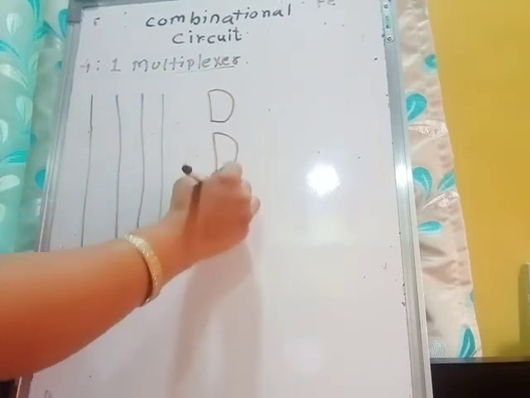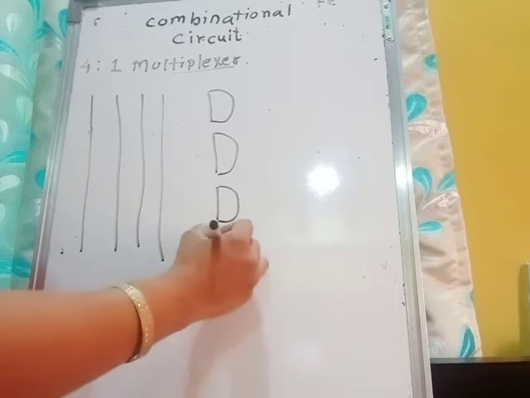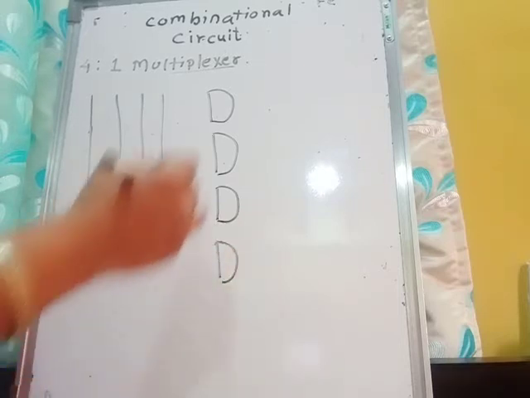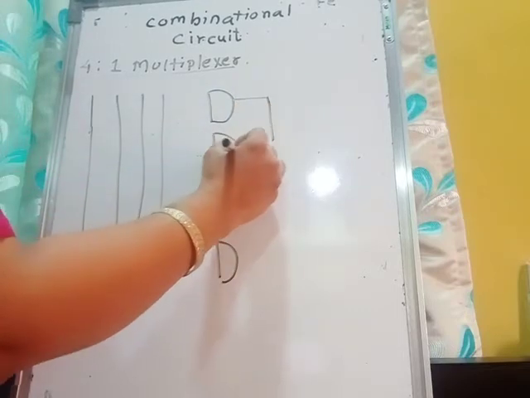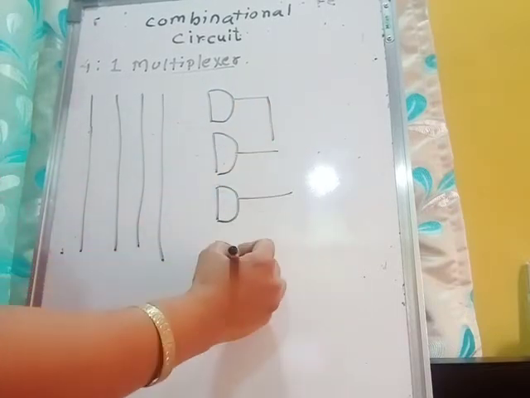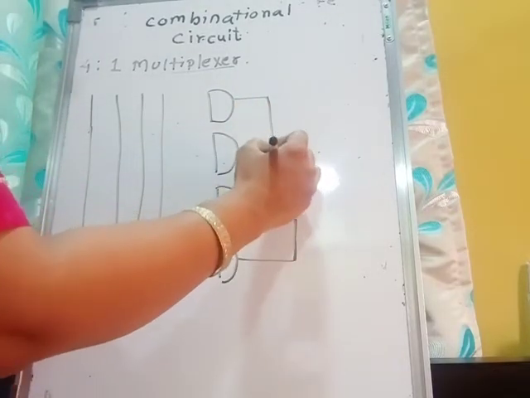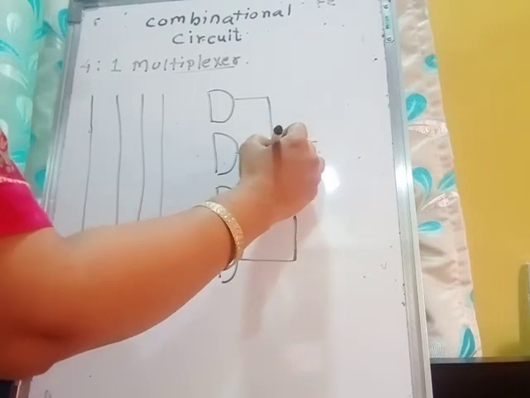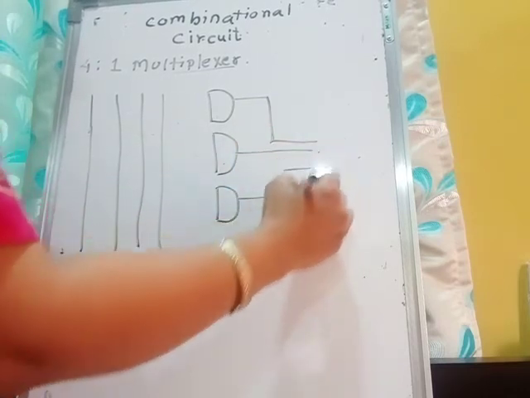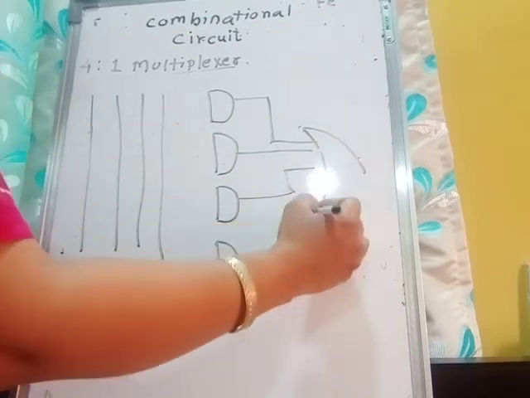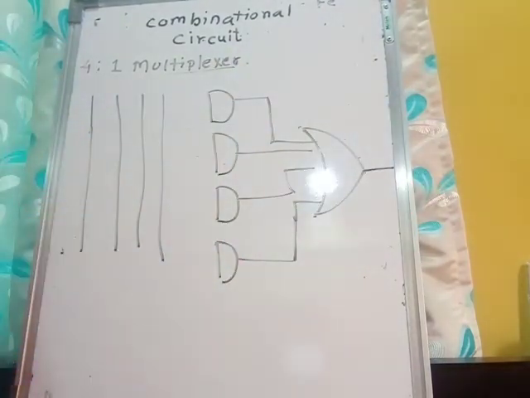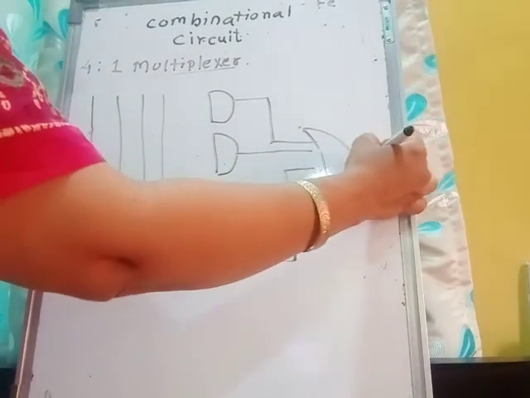When we want one output from these different AND gates, you just connect all these AND gates via one OR gate to get the output, and it is nothing but your Y.